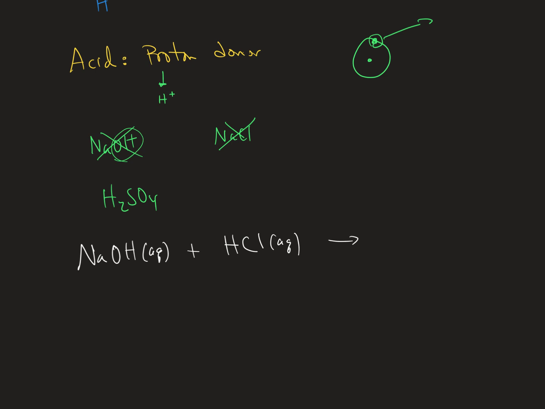Well, I just told you. We have an H+, it's ready to donate, and it does donate it. It kicks sodium off and comes over here. This is a double replacement reaction. How can you tell? Two aqueous solutions, just like precipitation. So what do we get? NaCl and HOH. What's another way to write HOH? H2O.